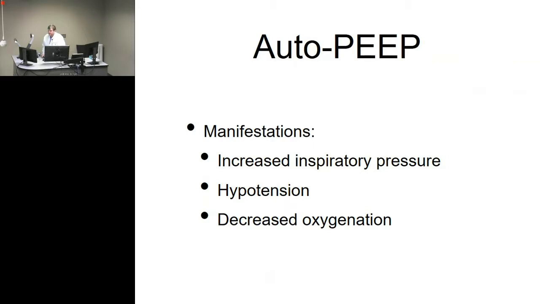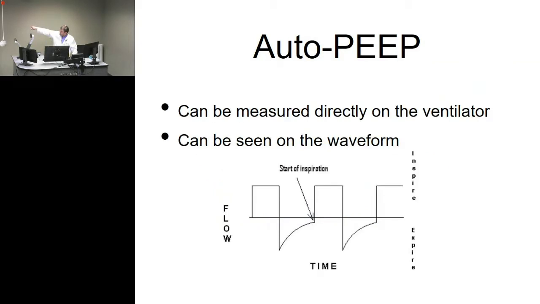And so what will be really scary is, let's say you have a 32-year-old asthmatic patient in status asthmaticus. They get put on the ventilator, and you're seeing these curves. And then about 30 minutes later, their blood pressure's 70 over 30, SaO2's reading 65. What do you do?